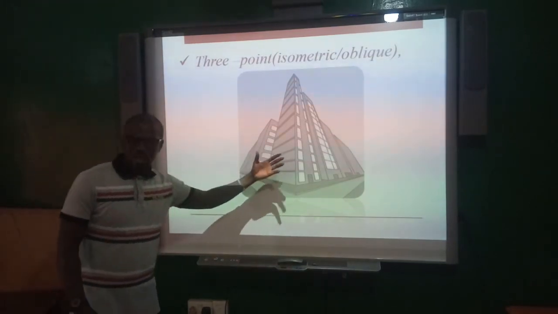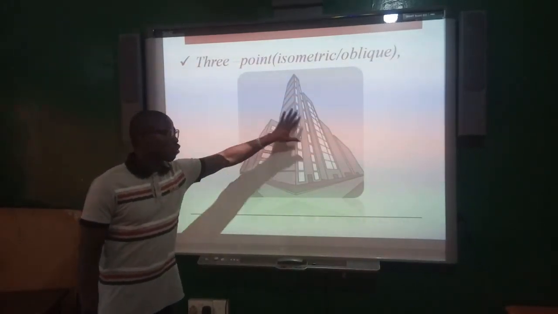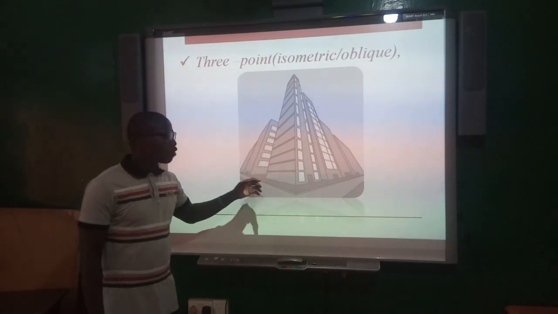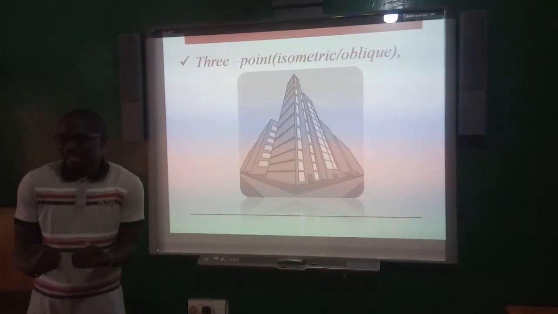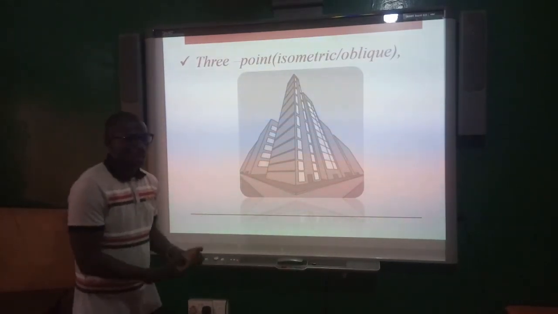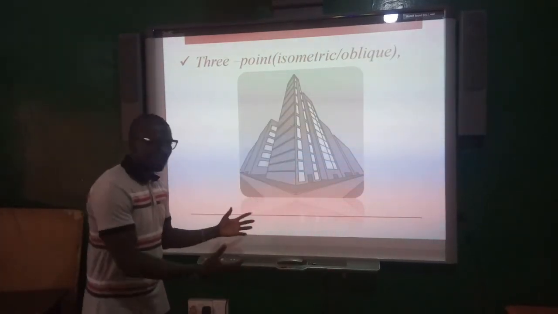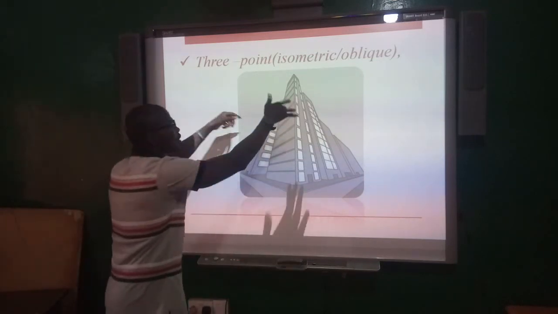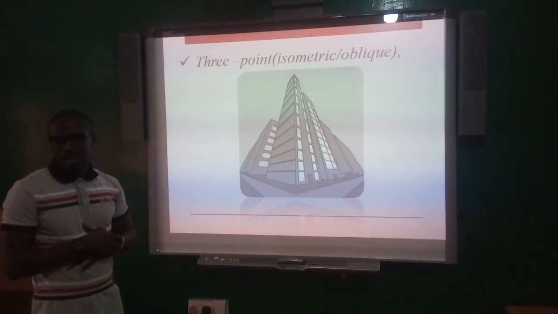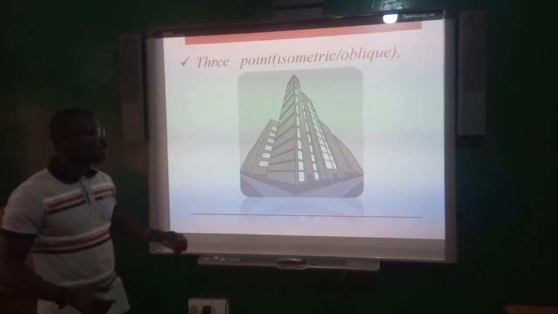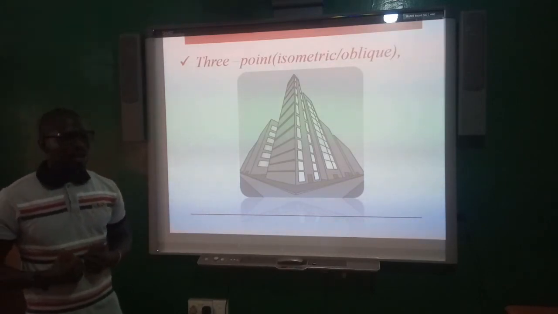If you look at this very well, the thing was drawn on a flat surface, but you could see that it has given it three-dimensionality. It has given it solidity. It has given it form. It's on a flat surface, but it is as if the thing has been built on the paper. So because of perspective, it has been able to give it a 3D form.